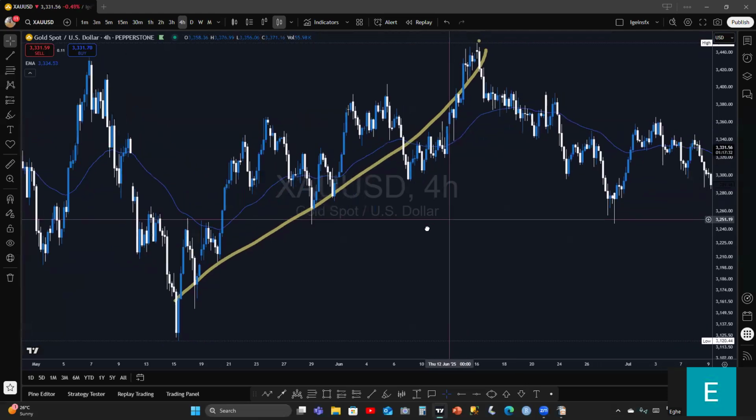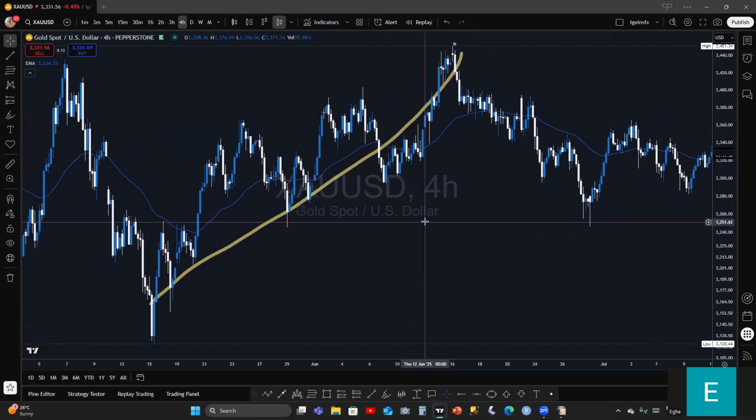Okay, position traders are traders that hold positions for a very long period, like all those financial bodies. They operate on the higher time frame because it's the higher time frame that gives the overall direction of the trend. So they take their position on a higher time frame.